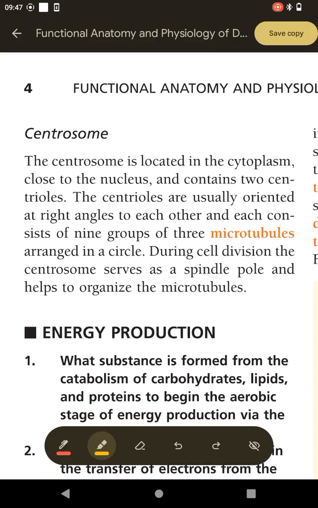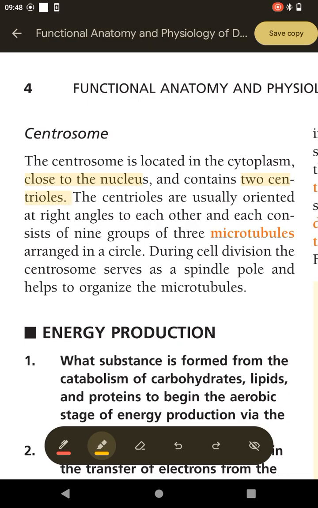The next organelle is the centrosome. The centrosome is located in the cytoplasm close to the nucleus and contains two centrioles. What are centrioles?